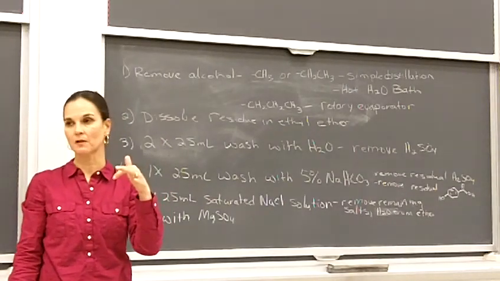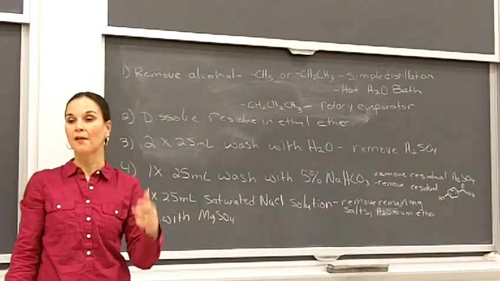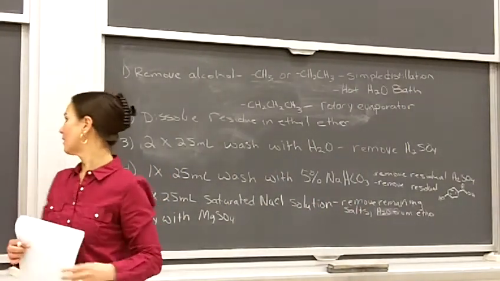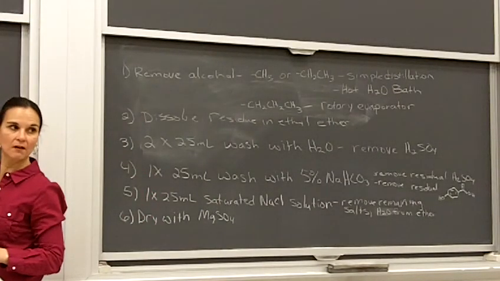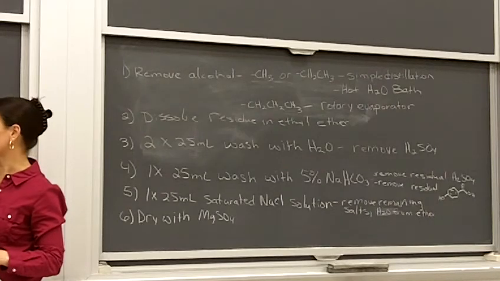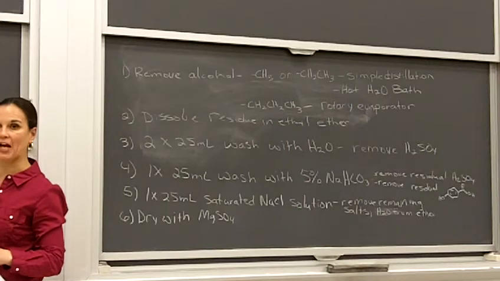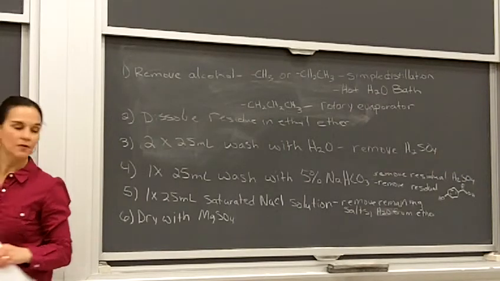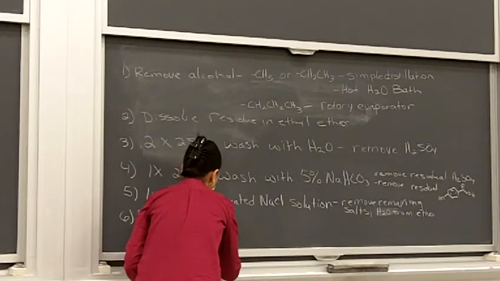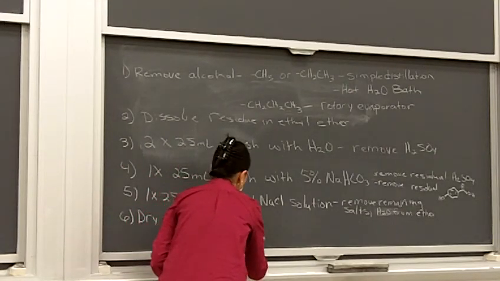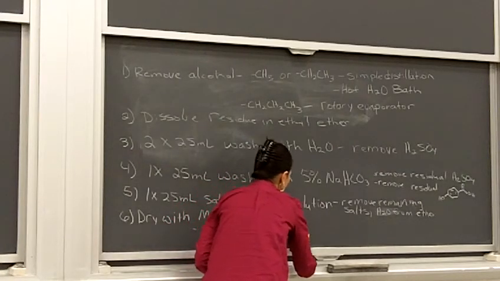and then how do we filter it? Gravity filtration. Gravity filtration, okay? This is where we have to be careful. Some of the products, especially the people that have the used methanol, your product looks a lot like magnesium sulfate, okay? And it'll want to crash out on the magnesium sulfate. So after you dry with magnesium sulfate, when you're filtering, make sure you rinse with ether.